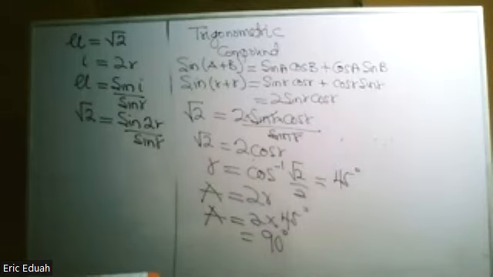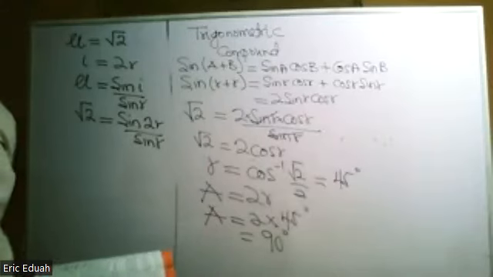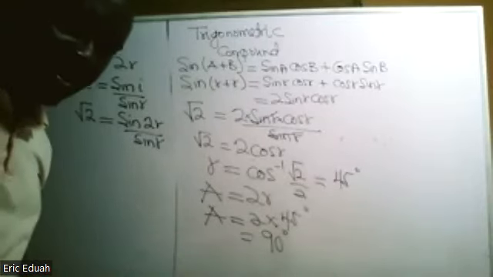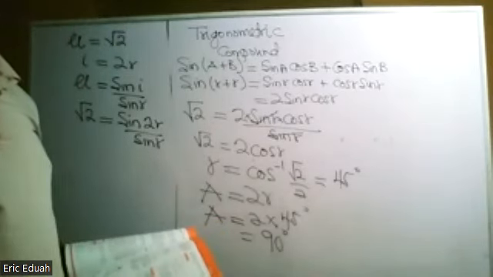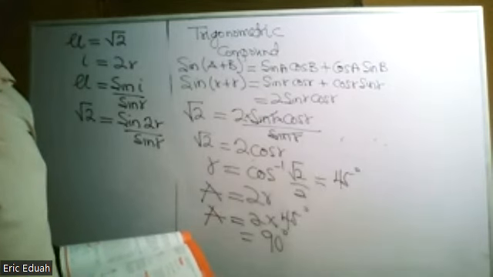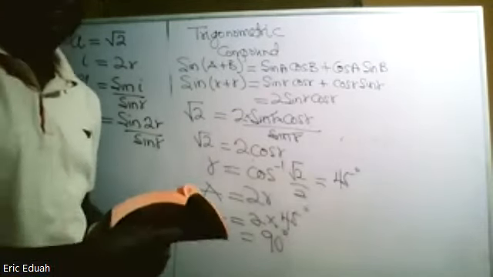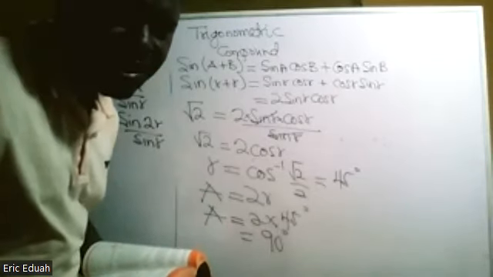Please, can you repeat the question? Calculate the critical angle of a medium of refractive index 1.60. Yes, 1.60.